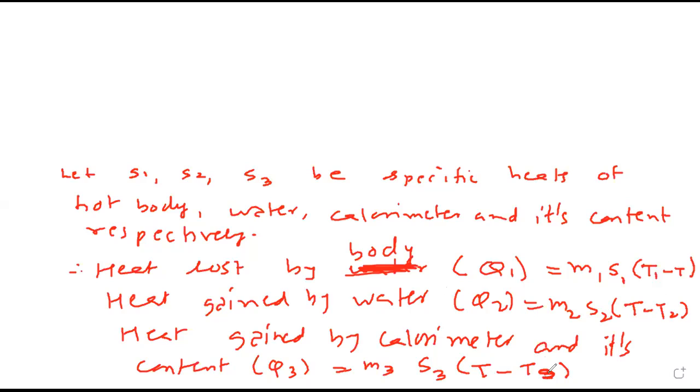So we can write this as T2, because the content is the same as the liquid inside. So T2 is the same as T3. Like if I take a glass of water, then the glass's temperature and the water's temperature are both the same. So just copy this also. Now we have to just use the conservation of energy concept.